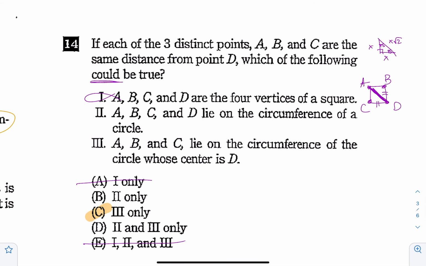Next one, number 2, A, B, C, and D lie on the circumference of a circle.